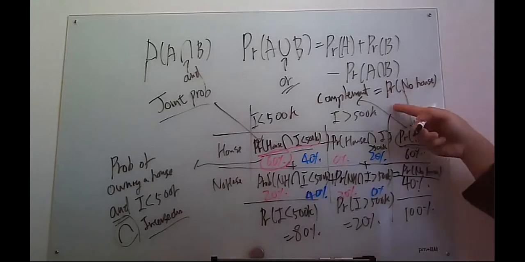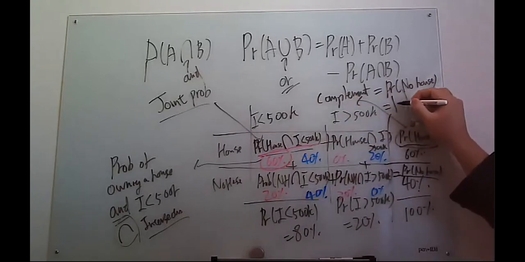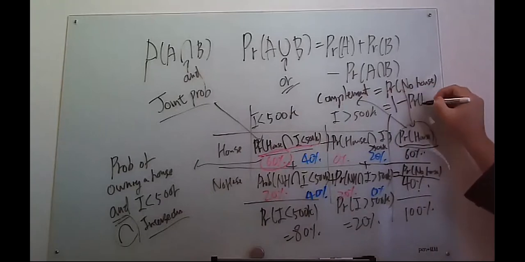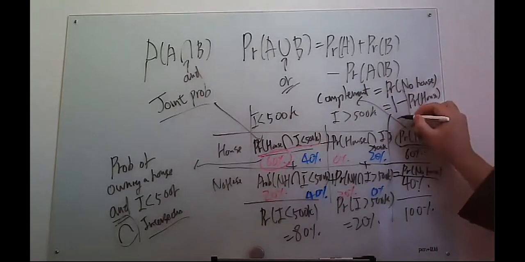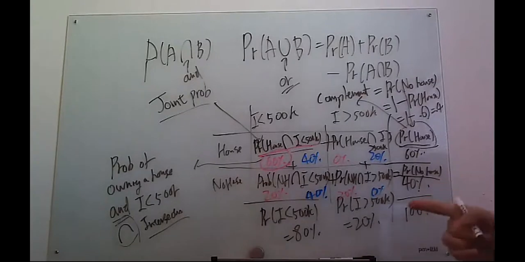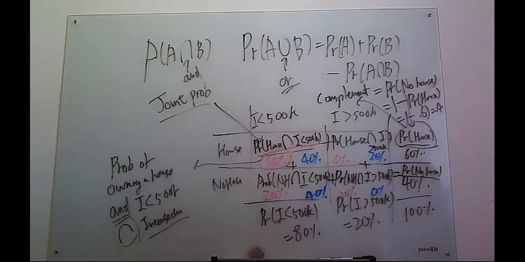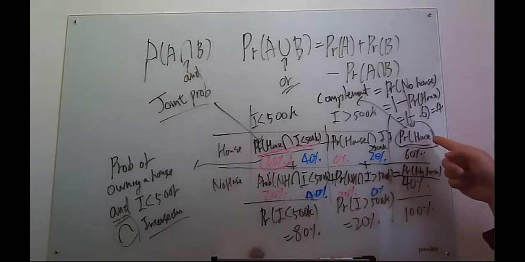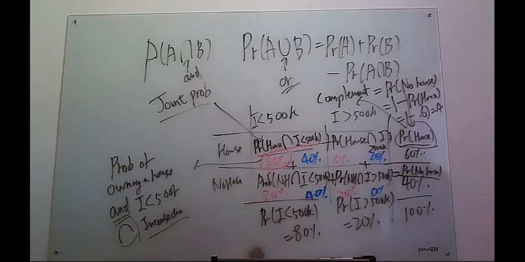Based on the formula, it's 1 minus the probability of a house. So that is 1 minus 0.6, which is 0.4 or 40%, and that equals this. So think carefully: the complement means A does not happen, so the probability of somebody not owning a house is the complement of owning a house. Think carefully about this one.